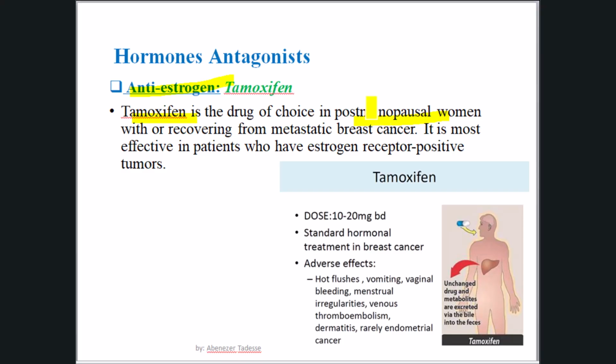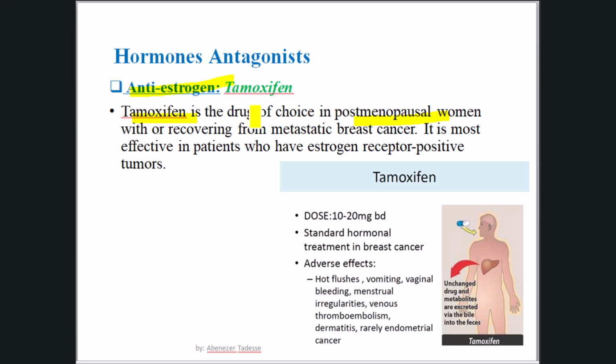So when estrogen acts on the breast tissue, on the estrogen receptors, this can act like a growth factor and can trigger proliferation. Generally, tamoxifen can antagonize this effect, so it can prevent the normal estrogen from binding to the estrogen receptor in the breast tissue. Then they can prevent tumor formation.